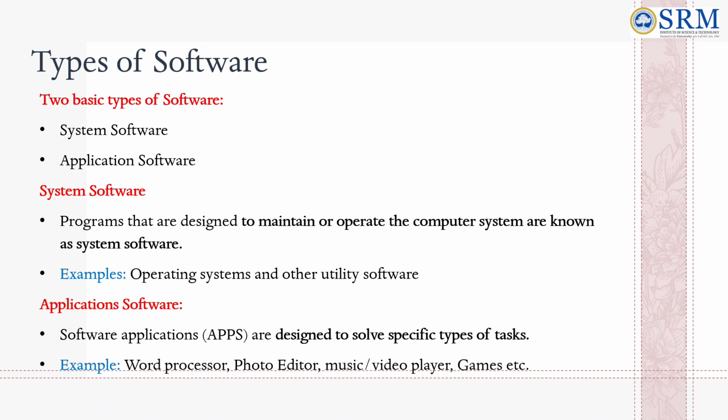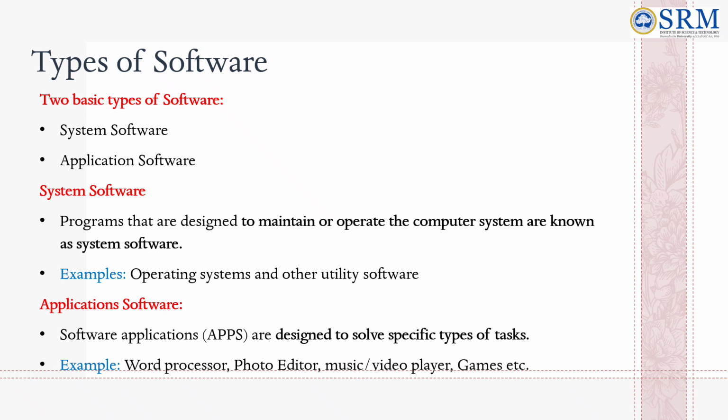So what is system software? The programs that are designed to maintain or operate the computer system are known as system software. A simple way to understand it is that the operating system we are using is system software.